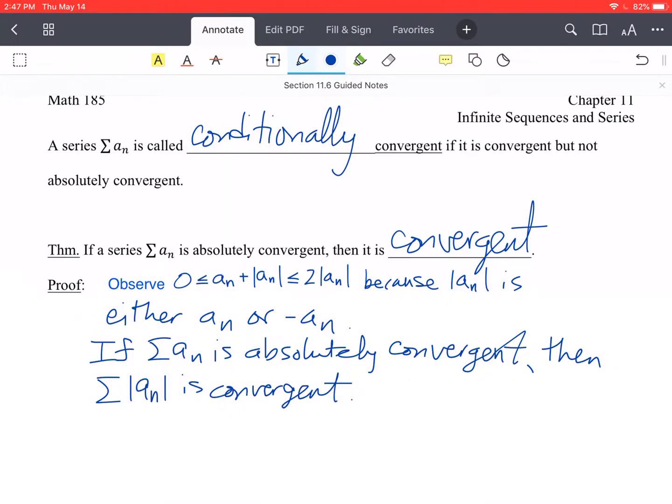That's what it means to be absolutely convergent. So if the absolute value of the series is convergent, then certainly 2 times the absolute value would be convergent. If it converges to a finite number, if you double it, it's still going to converge to whatever double that number is. So this is also convergent.